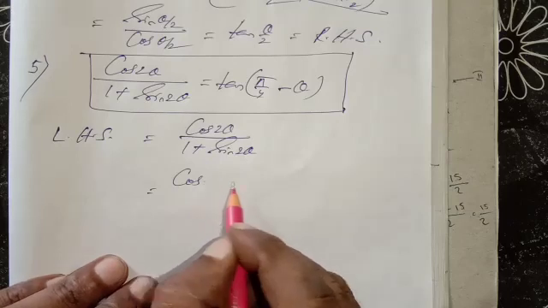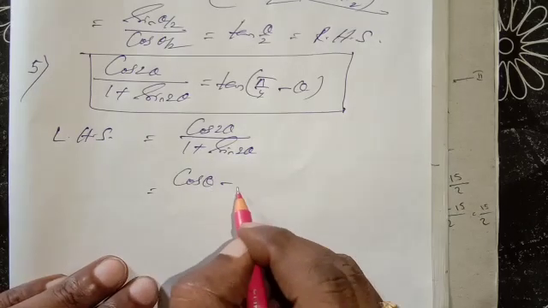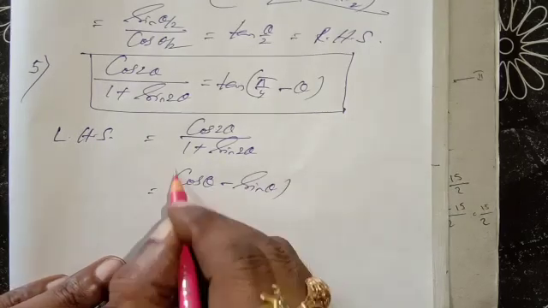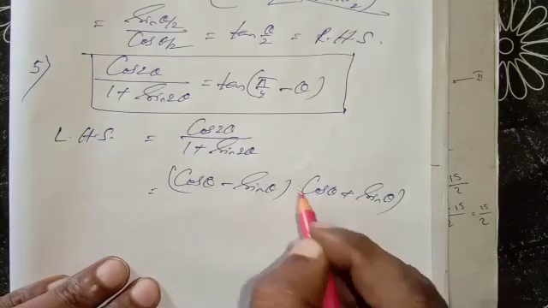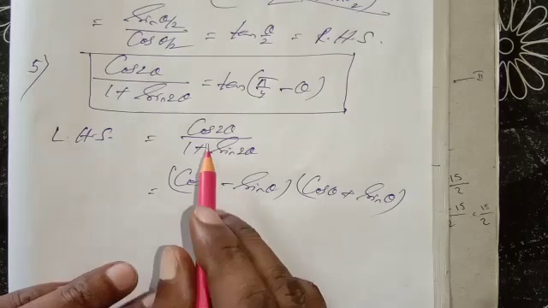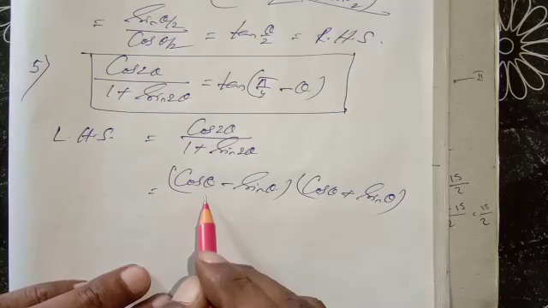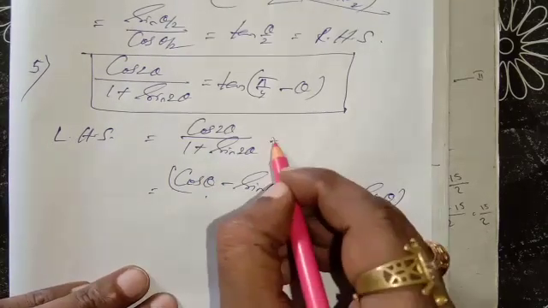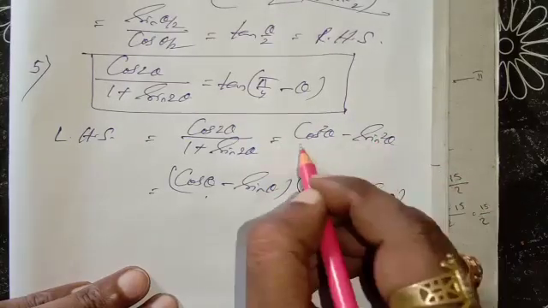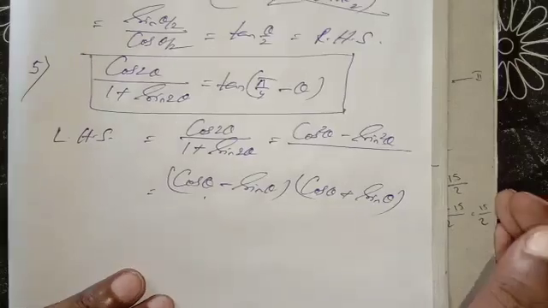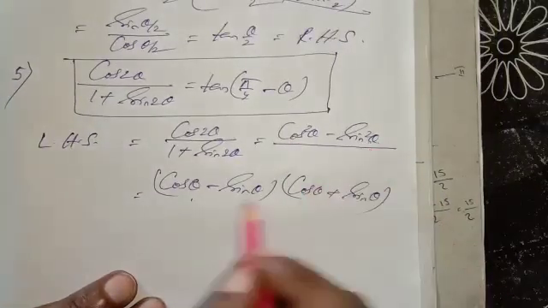See, cos square theta minus sin square theta means I can write here cos theta minus sin theta, and the other will be cos theta plus sin theta. Directly I am writing here. Actually, the cos 2 theta formula is cos square theta minus sin square theta. And applying the formula a square minus b square, that is a minus b, a plus b.